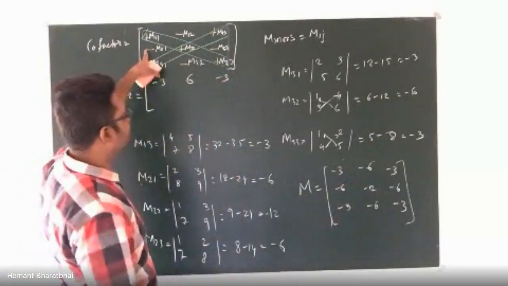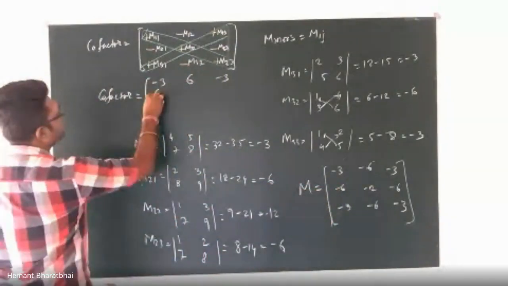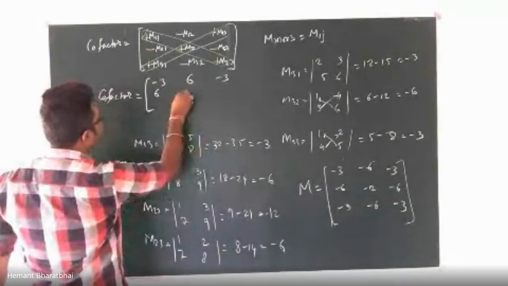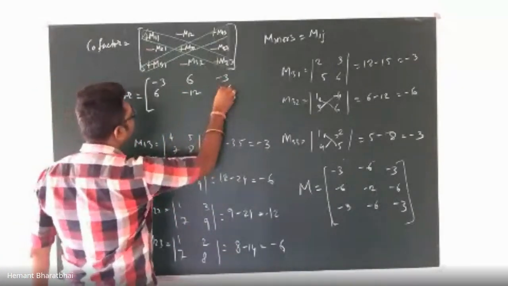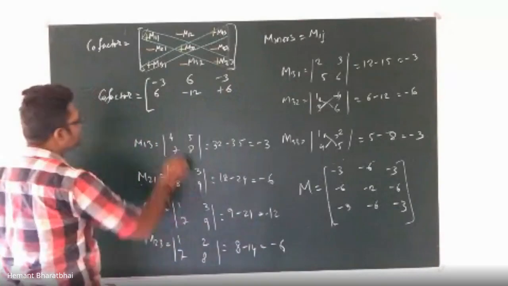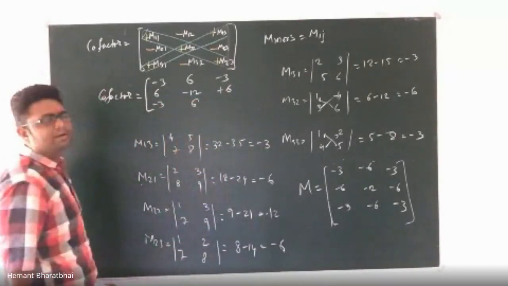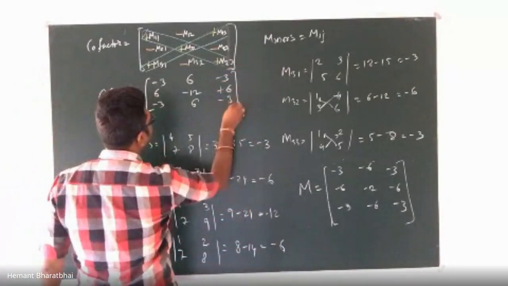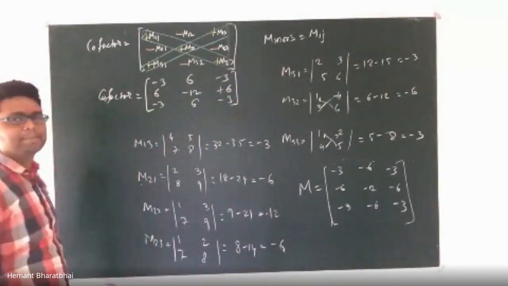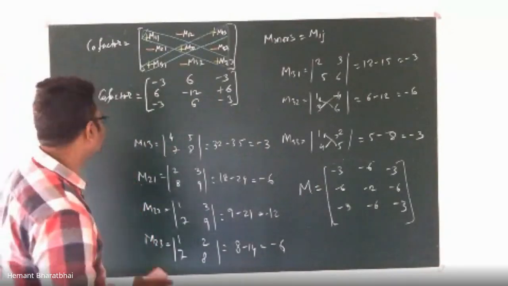Then minus minus will become plus, so this will become plus 6, plus minus is minus, so this will be minus 12. Minus minus is plus, so this will become plus 6. This will be minus 3, minus minus plus, so this will become plus 6, and this will be minus 3. Okay, so this is my cofactor matrix.